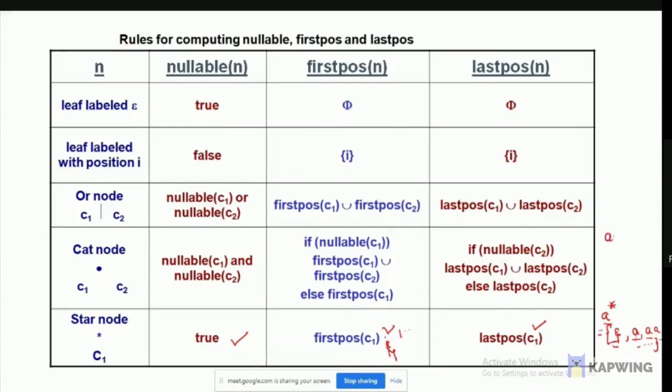If I have an expression like A epsilon star, what should I do? I have to use both rules: the star rule as well as the dot node rule, because this is a dot concatenation node. Clear with this? Any doubt? It's very simple. We are just finding the first position and last position, that is, the first character and the last character in all the strings generated by the particular regular expression.